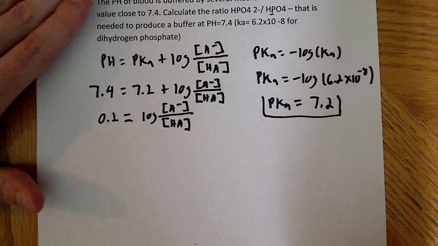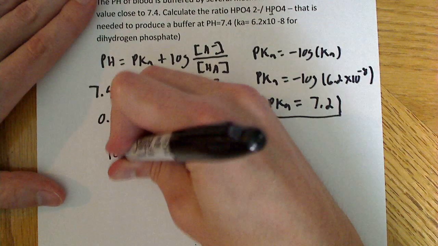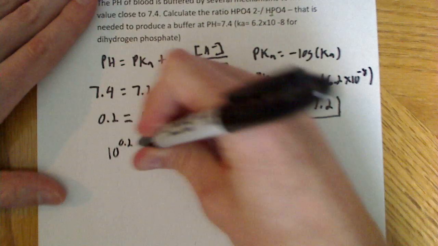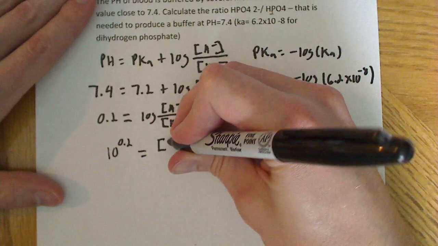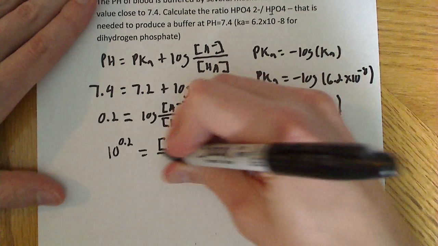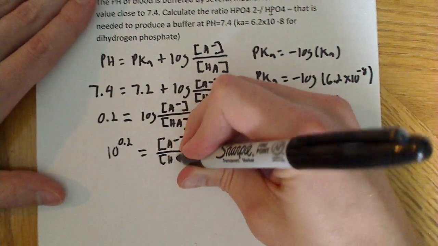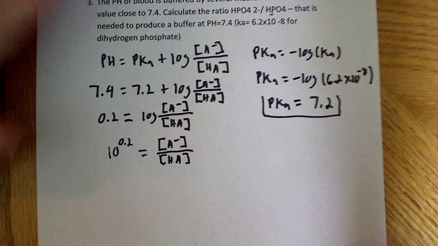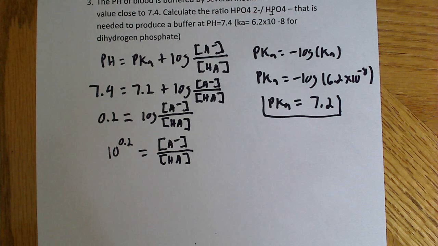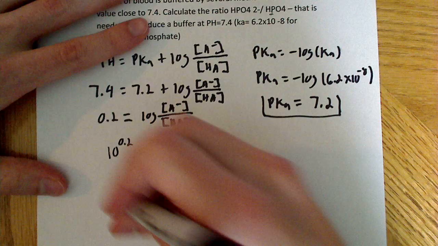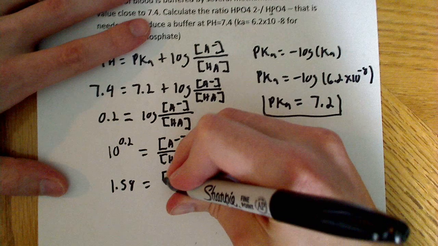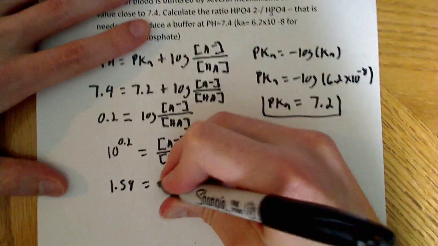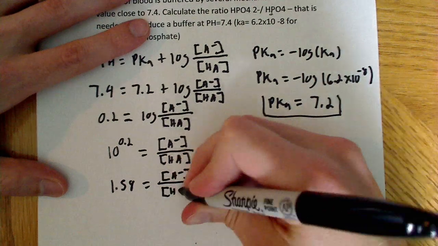Now we need to take the inverse log of both sides. So 10 to the 0.2 is equal to, and what that winds up being is about 1.58. So 1.58 is equal to the ratio of deprotonated over protonated.